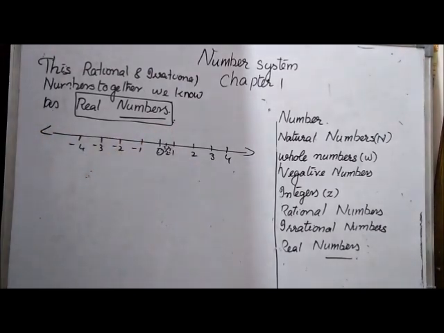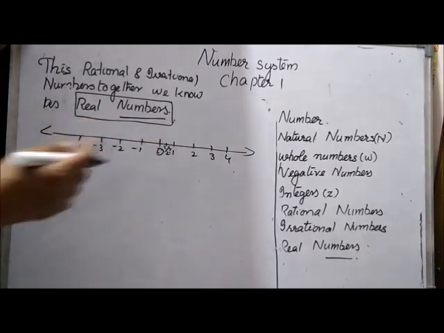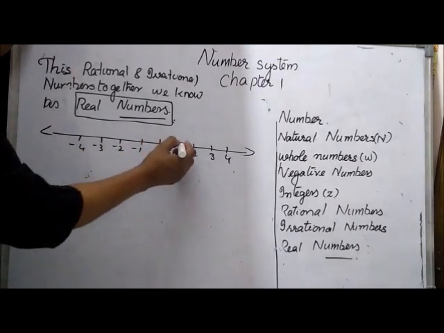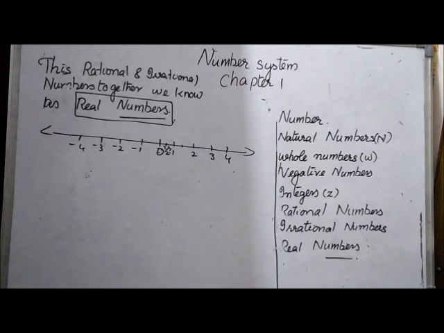And irrational numbers also, let us take root 2, which is an irrational number. Root 2 is 1.41 something. It also we can represent on the number line. Till now we were saying number line, but from now onwards we can say real number line, because this contains all the number systems.